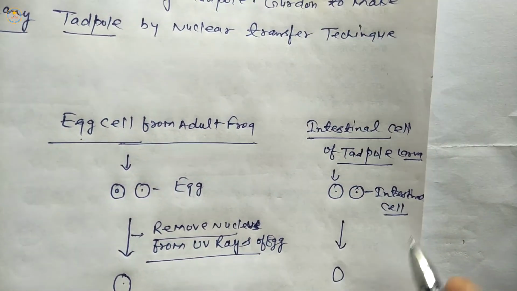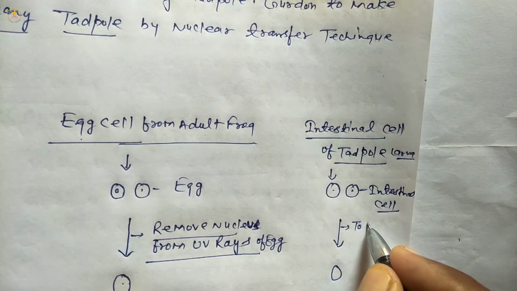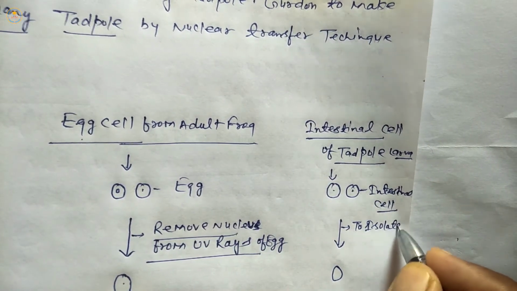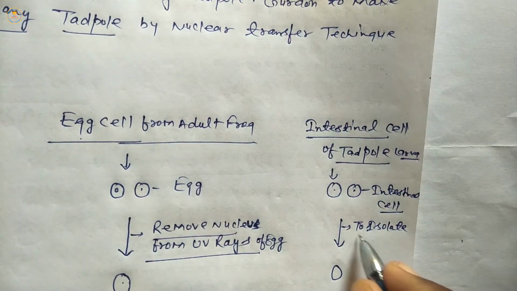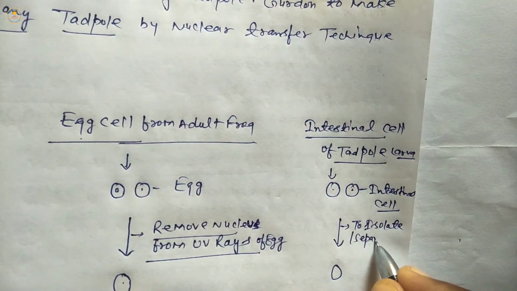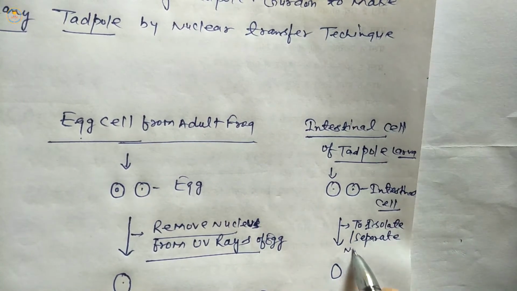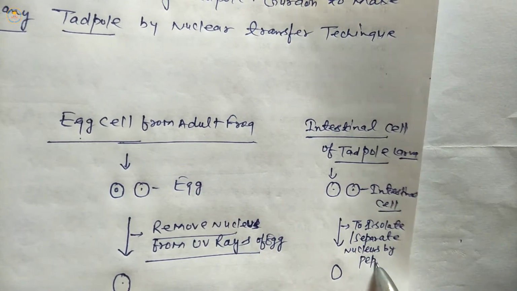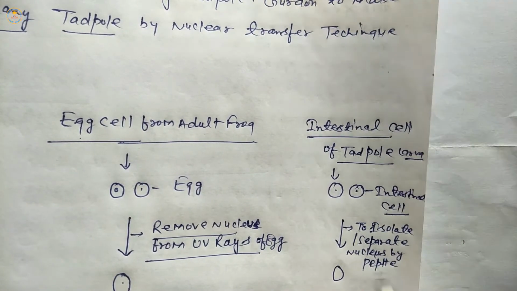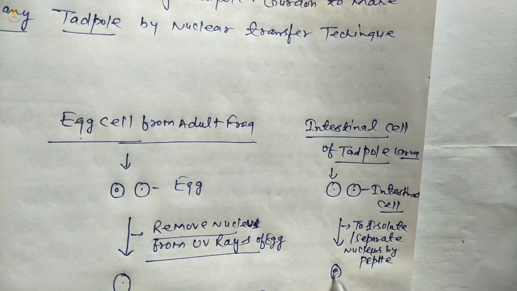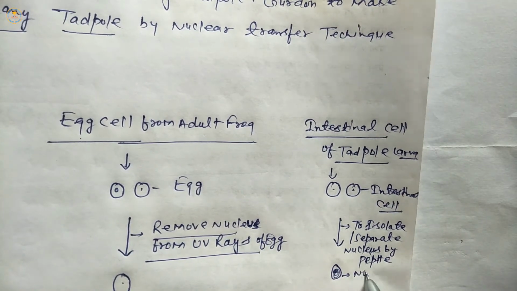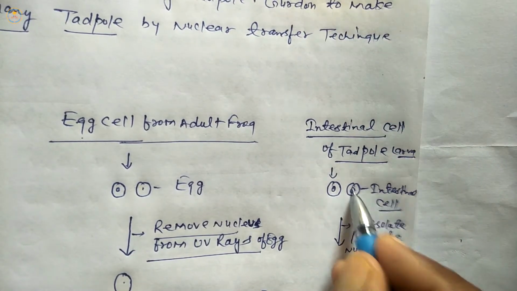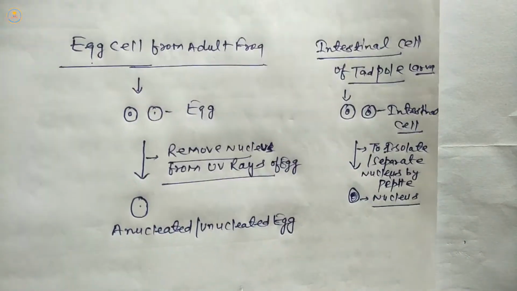Next, isolate or separate the nucleus of the intestinal cell by pipette. So this is the nucleus. I draw it big size.